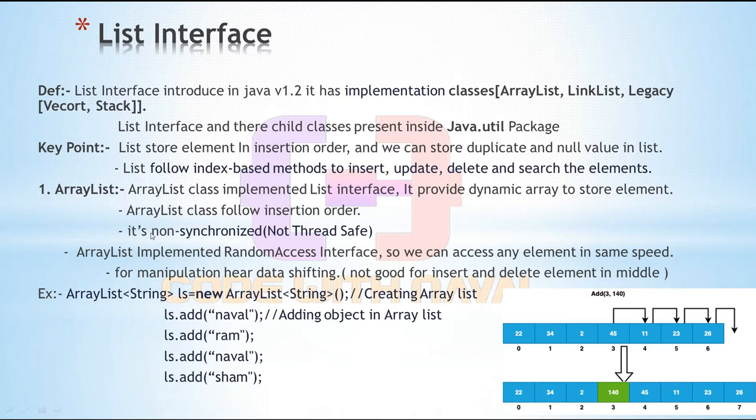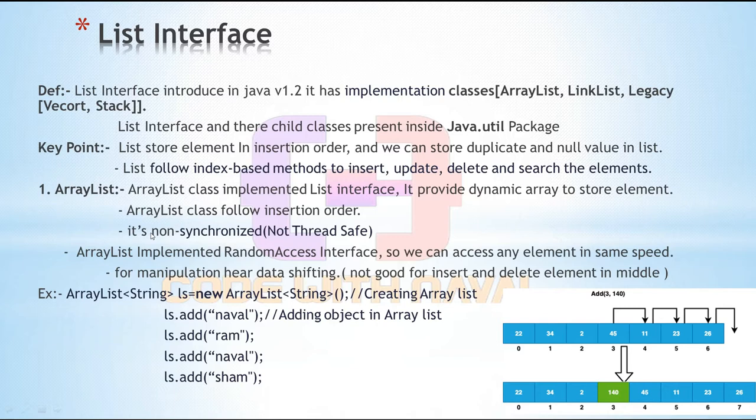So what is meant by random access, and what is meant by accessing any element at the same speed? Let's consider a real-life example. In a project we got a requirement to store 1 lakh records in one list. Okay, we happily store those 1 lakh records. Then I need a record, the first index record.